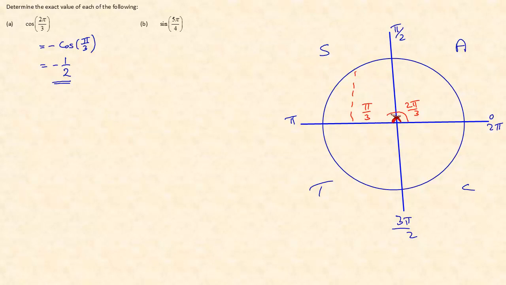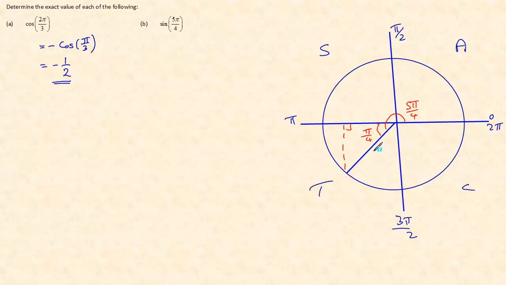So let's look at sine of 5 pi by 4. Well, of course, 4 pi by 4 is just pi. So we're going 1 pi by 4 beyond pi. So that would put it down here. So 5 pi by 4 is this angle here, and this angle, as we discussed, is pi by 4.